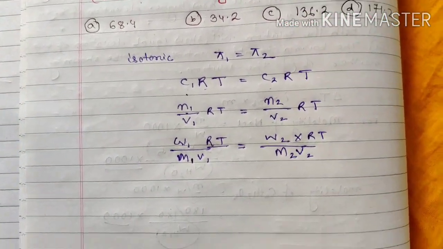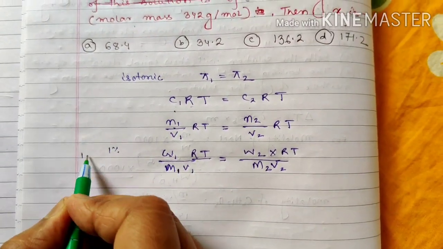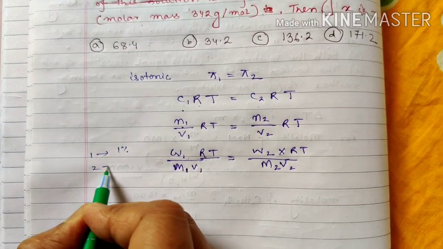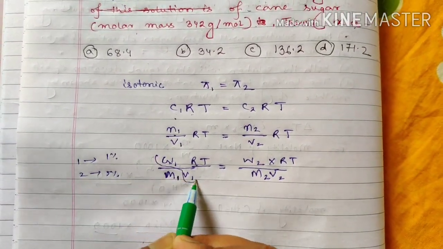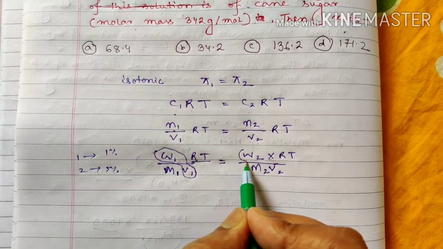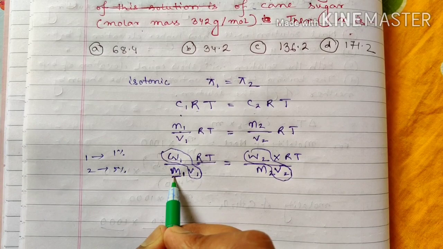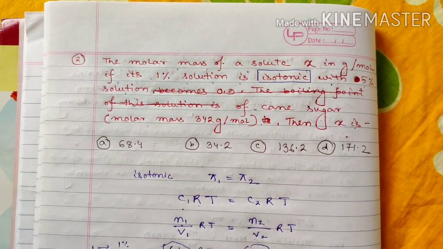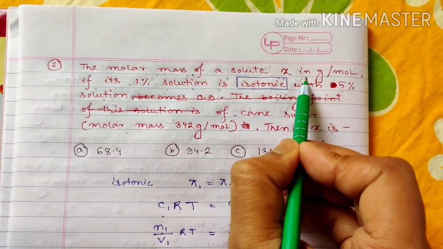Now what we can do is, this is the 1% solution, remember. Solution 1 is 1%, solution 2 is 5%. So if we look into this weight by volume part, the molar mass over here, if you see the question, is the molar mass of a solute X in gram per mole.